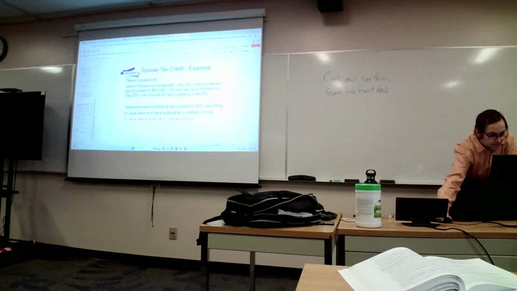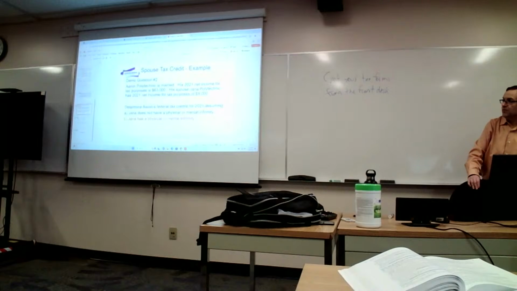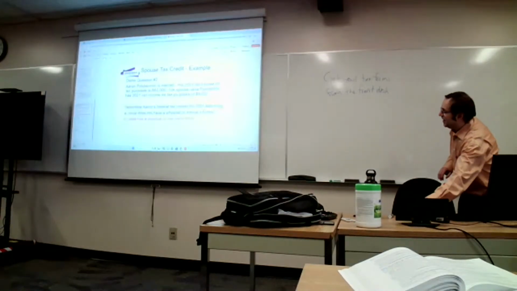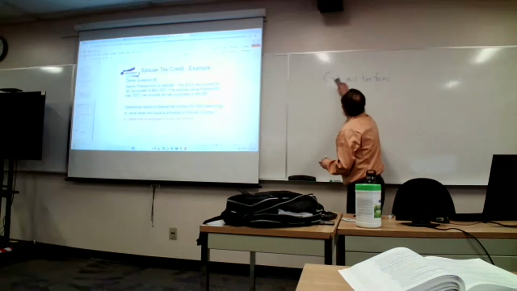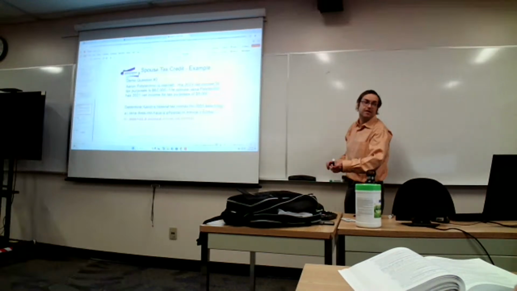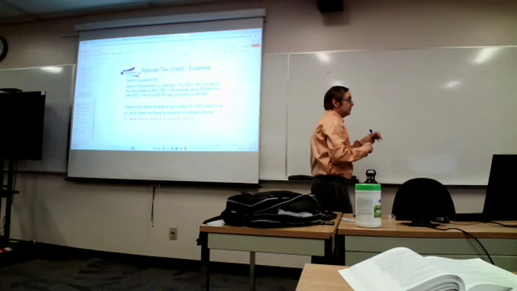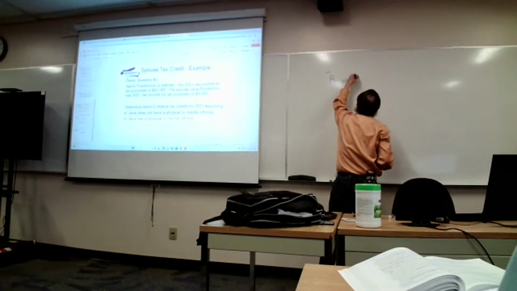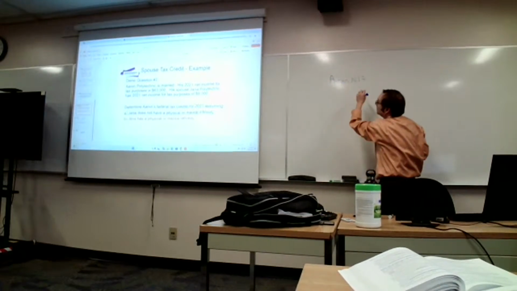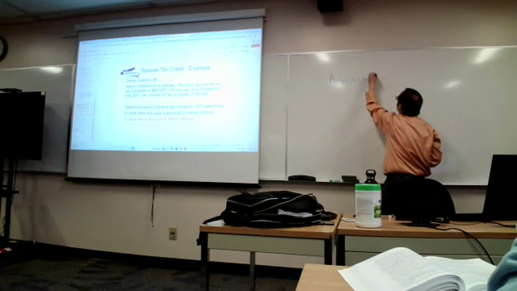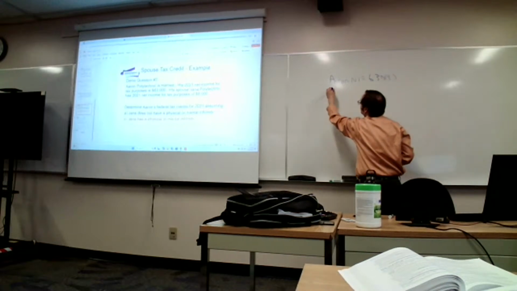Okay, let's do demo question number 2 finally. I'm just going to write this down just so I have reference for everything. Does everyone have these sheets here? We do? Okay. Aaron's net income is 63,000.